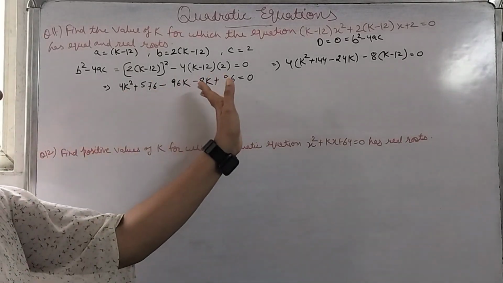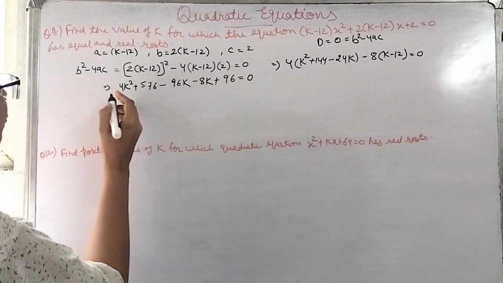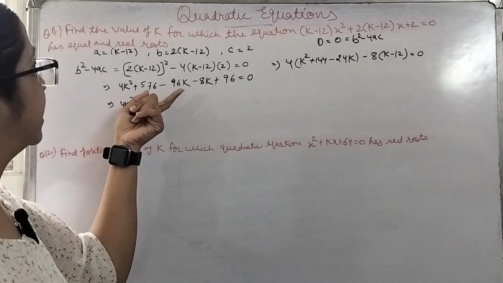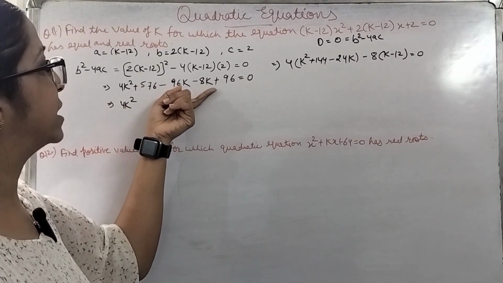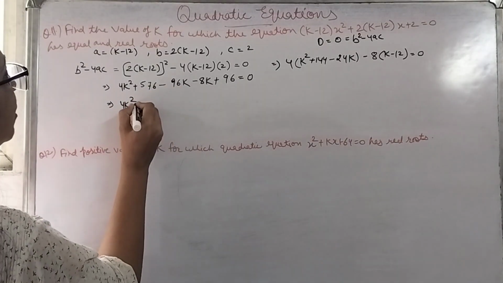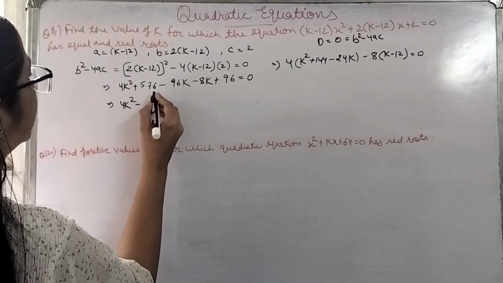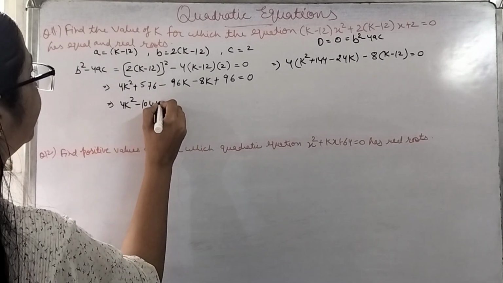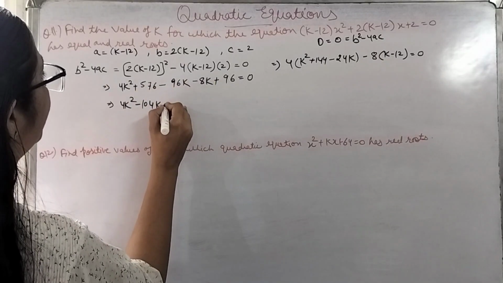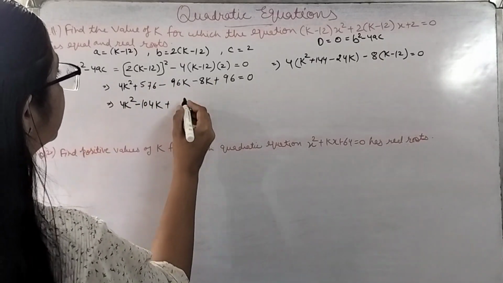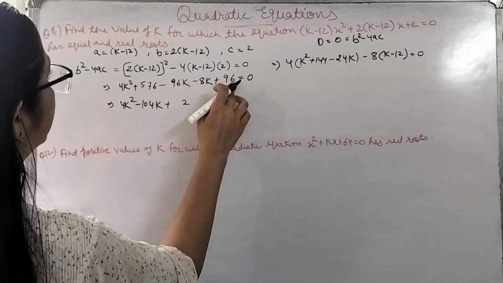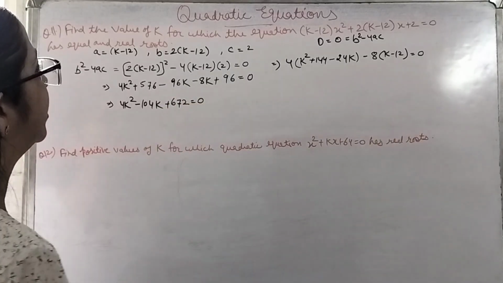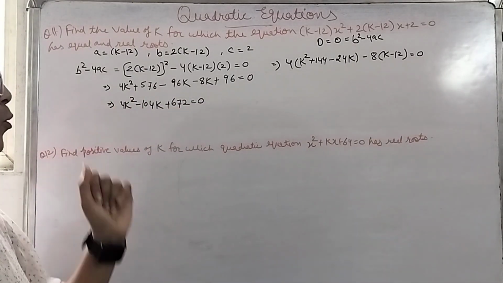This is the equation. Now if we solve this equation further, we will be getting 4k square, this minus 96k and this minus 8k will become minus 104k, and these two, plus 576 plus 96 is 672, equivalent to 0. So this is the equation formed.